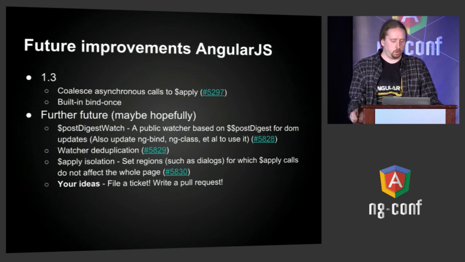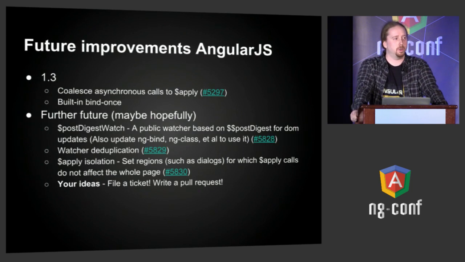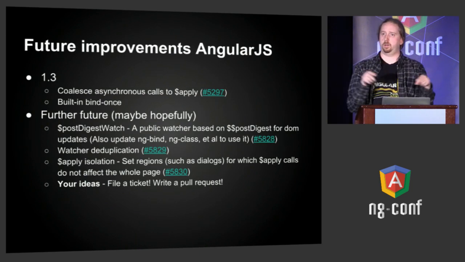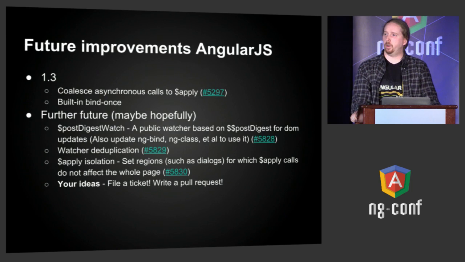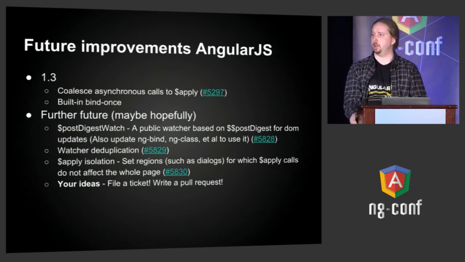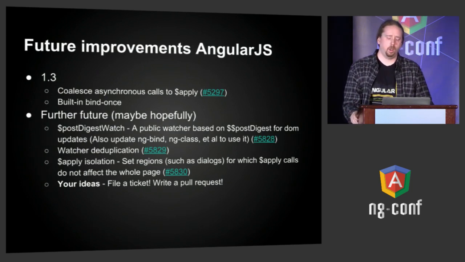Apply isolation. In DoubleClick, we actually have a sort of hackneyed way of doing this. What I mean by this is, suppose you have a widget that opens up a dialog. In our app, that dialog is a totally different controller, totally different view. It's really almost a separate app.